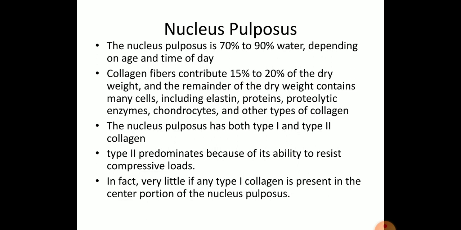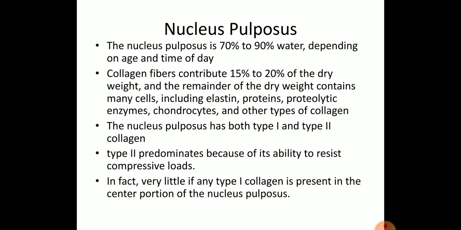So basically, 70 to 90 percent is made up of water or fluid with the proteoglycans, and the remaining 15 to 20 percent is made up of collagen fibers, proteins, enzymes, and chondrocytes. The nucleus pulposus has both type 1 and type 2 collagen, but type 2 predominates because of its ability to resist compressive loads.